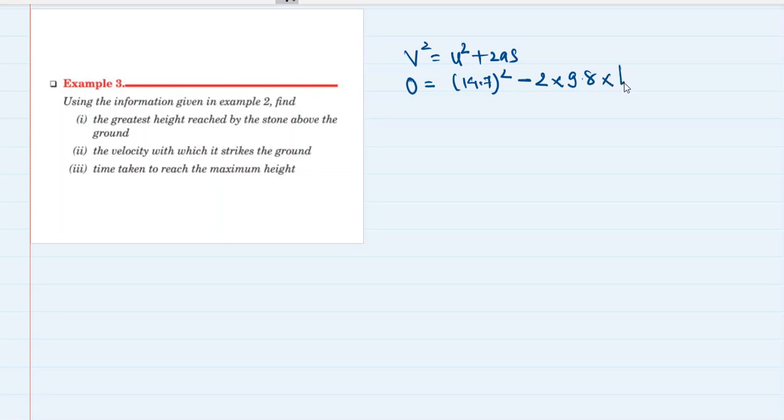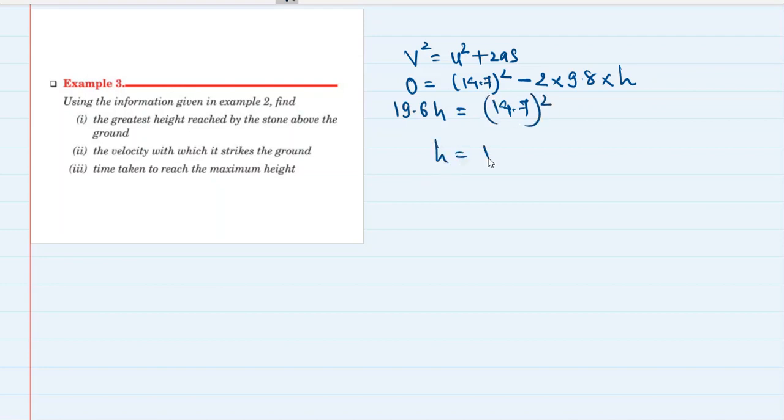In the place of s, I'm going to write H. So 2 into 9.8 is 19.6. Am I correct? Yes, I'm correct. So 19.6 H is equal to 14.7 square.